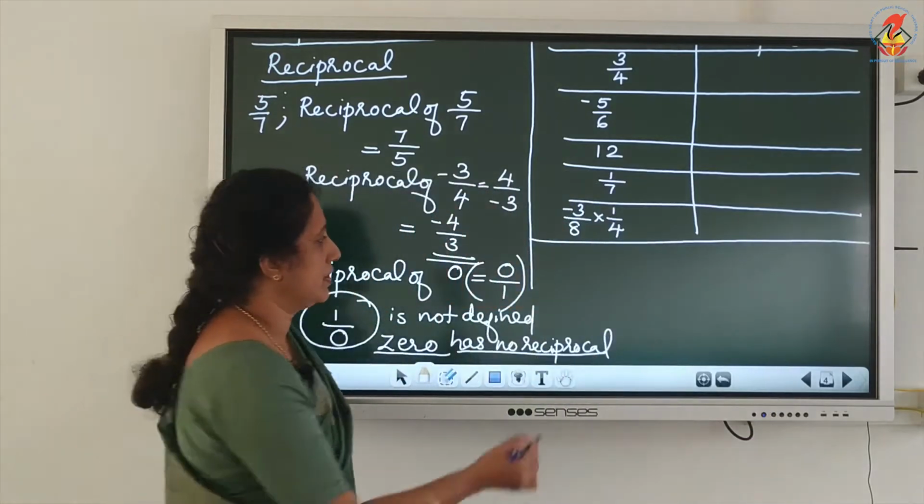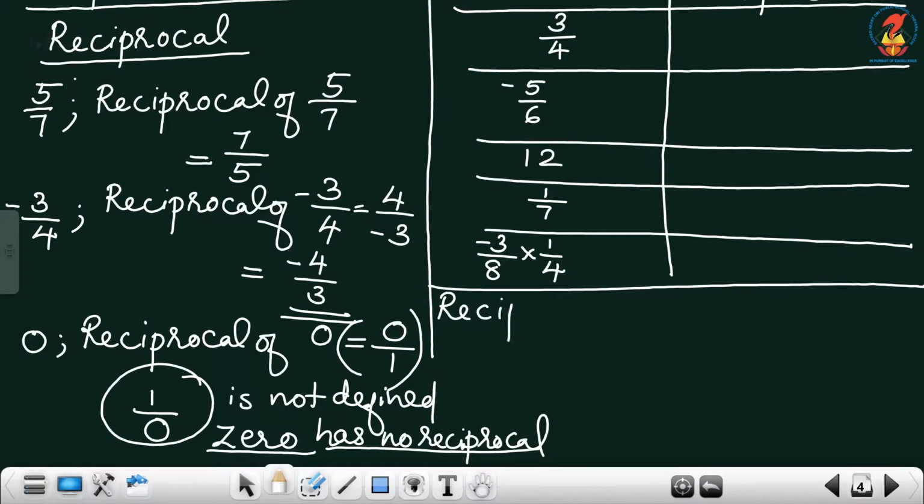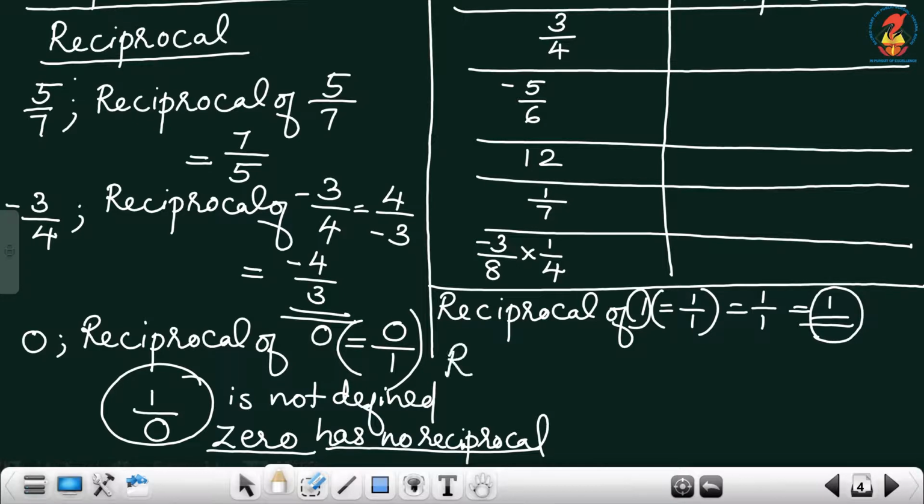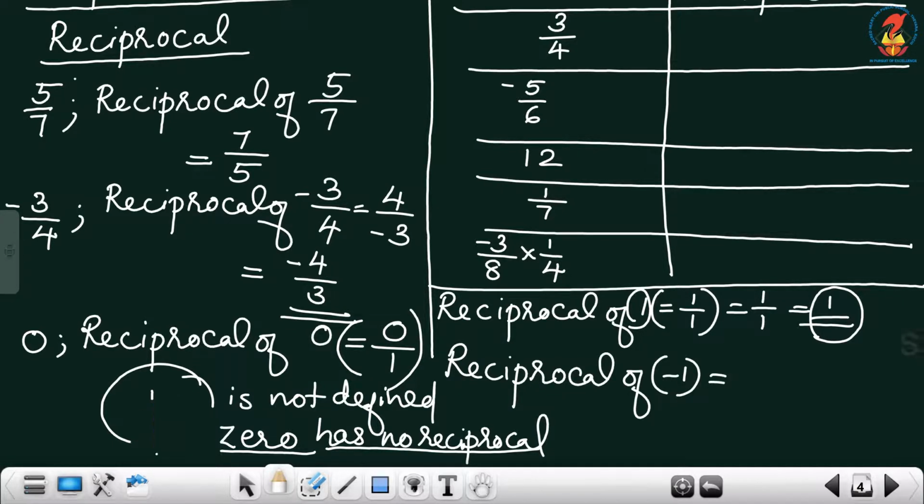Now, next, what is the reciprocal of 1? Reciprocal of 1 means 1 by 1. When you take the reciprocal, what will you get? 1 by 1 itself, which is equal to 1. So the given rational number is 1, and the reciprocal is also 1. Now, consider negative 1. Negative 1 means negative 1 by 1.